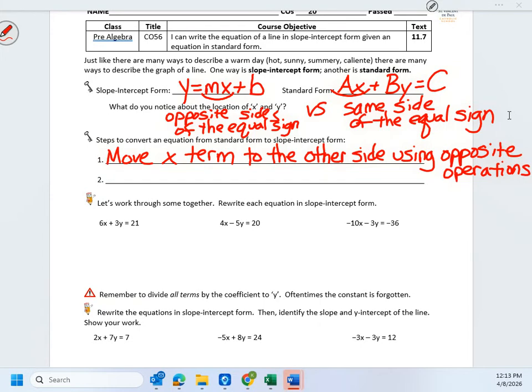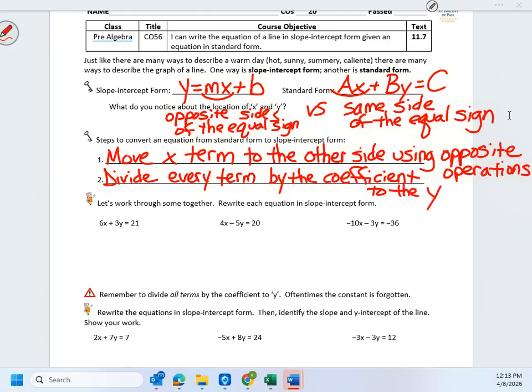Step 2 is divide every term by the coefficient to the y.